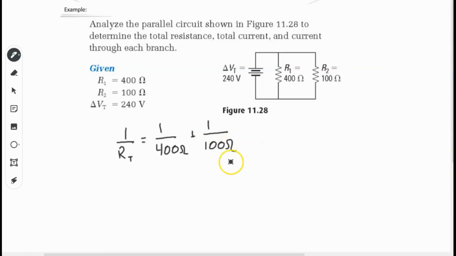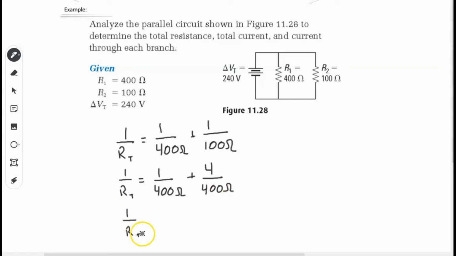Now we just need to add fractions. I'll do it in a couple steps because I know people don't like fractions. So 1 over 400, and I'm just going to change this denominator to 400 as well. So that would be the same as writing 4 over 400. So now we have 1 over RT equals 5 over 400.